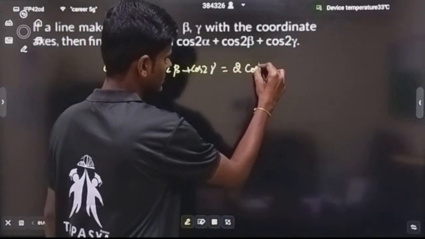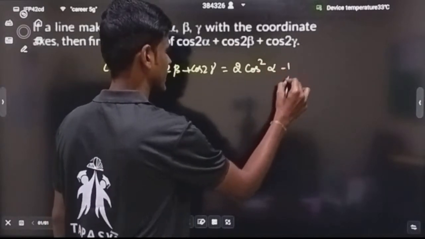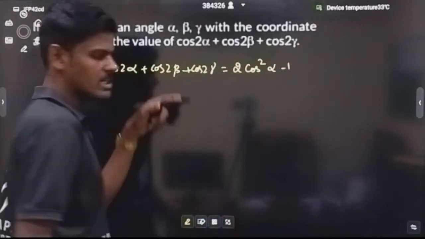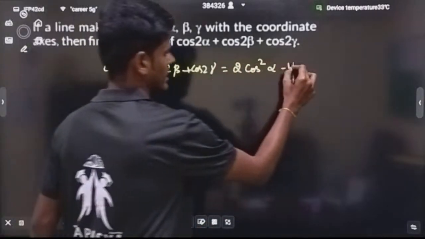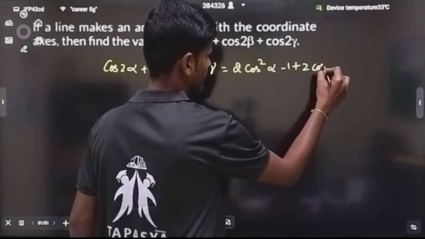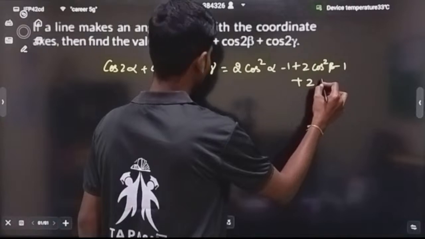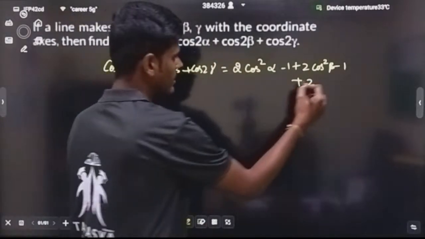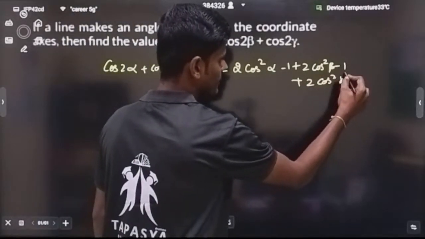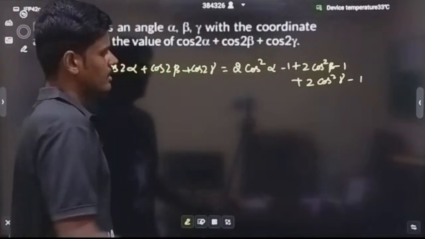So we can write this as 2 cos square alpha minus 1. Similarly, cos 2 beta is 2 cos square beta minus 1, plus 2 cos square gamma minus 1.